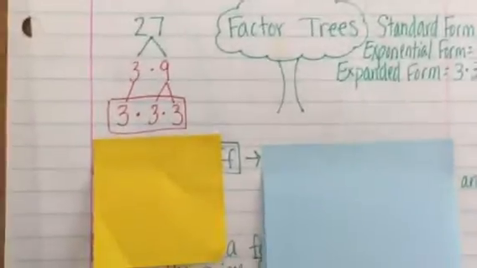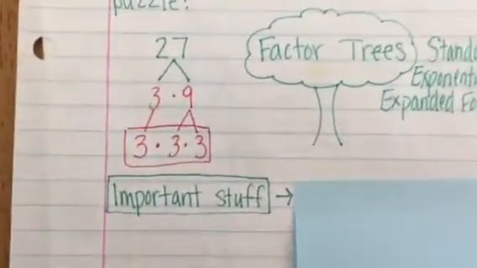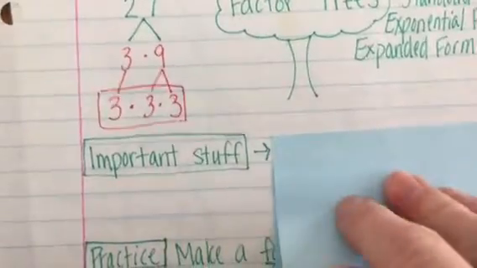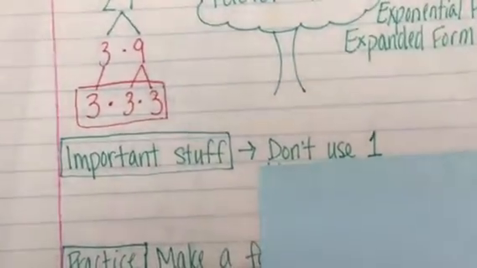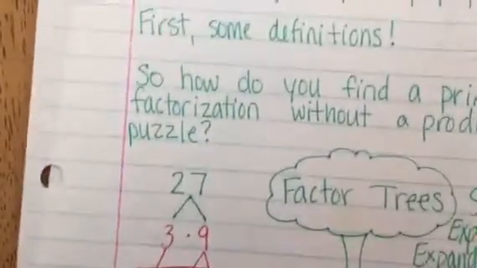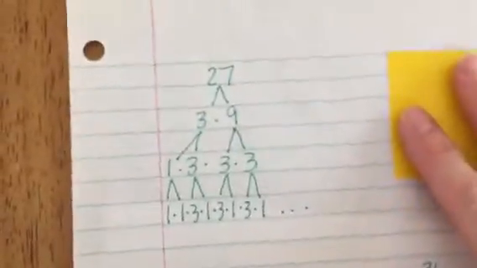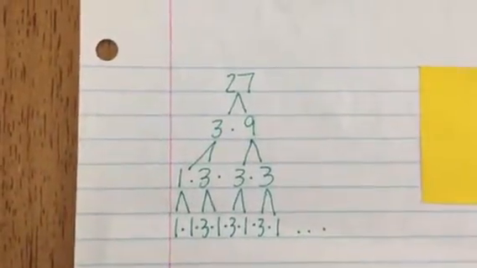Okay, so a few important things to remember when you are doing prime factorizations. The first important thing is not to use 1 in your prime factorization. So here's an example of what that might look like if I did try to use 1. I have the number 27 and a factor tree for it.